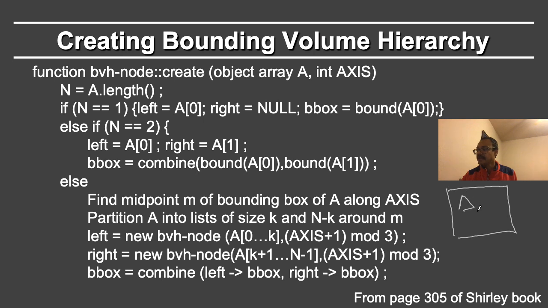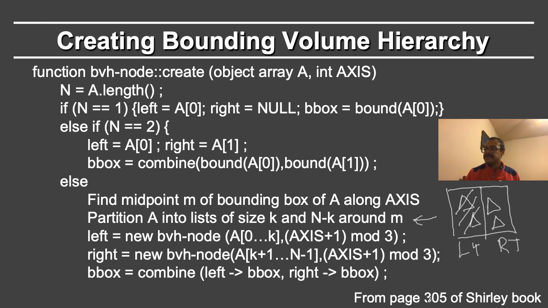I have a bunch of triangles here. I have a midpoint, let's call this M. And I will partition the geometry into this left region and the remaining region, which is the right region. That's what this partition step is doing. You partition it into lists of size k and n minus k around M.